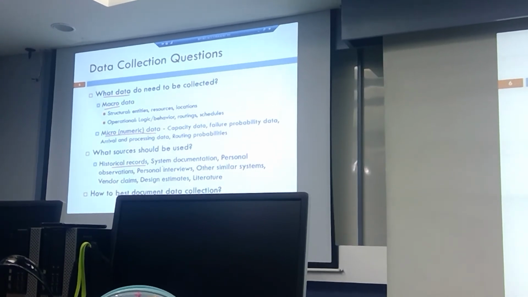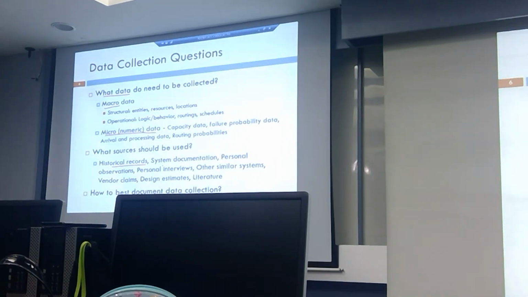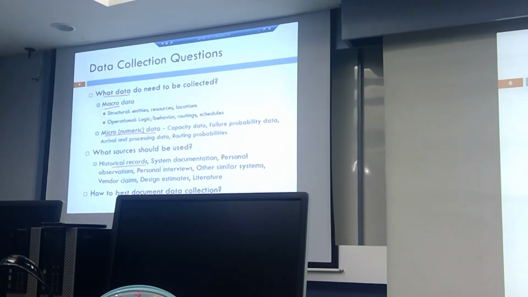Sometimes the system has an SOP, standard operating procedure, that talks about the time it takes at each process, so you can use that. But if you use system documentation, be sure to validate it with the actual processing time. Sometimes the system documentation is just a number that they put in.